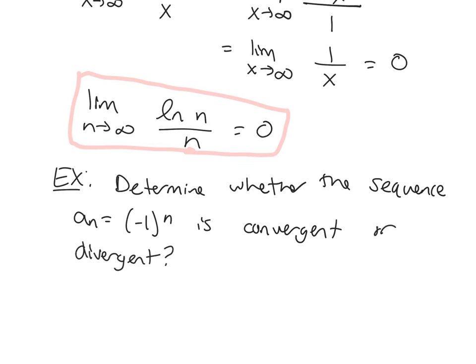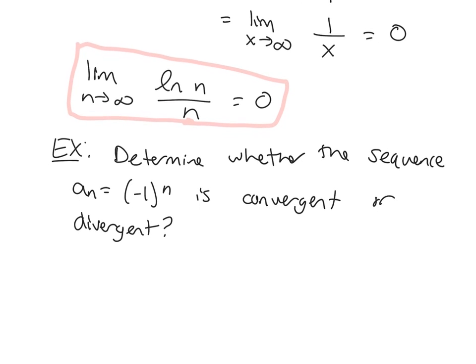Remember that a sequence is really just a list of numbers. So I want to see what happens to this list as n gets larger. Okay, that's really what we're talking about when we're taking this limit.